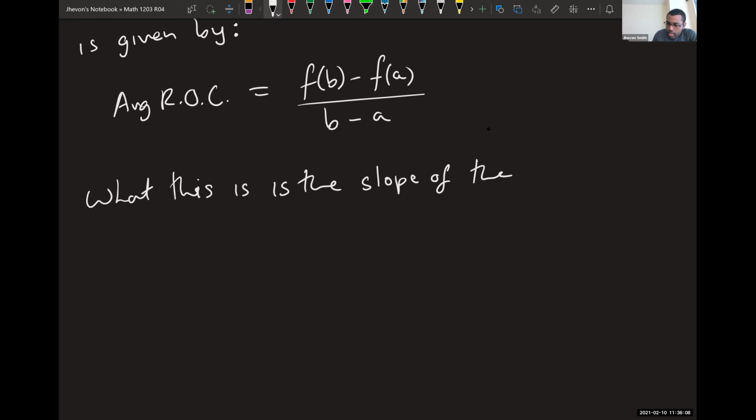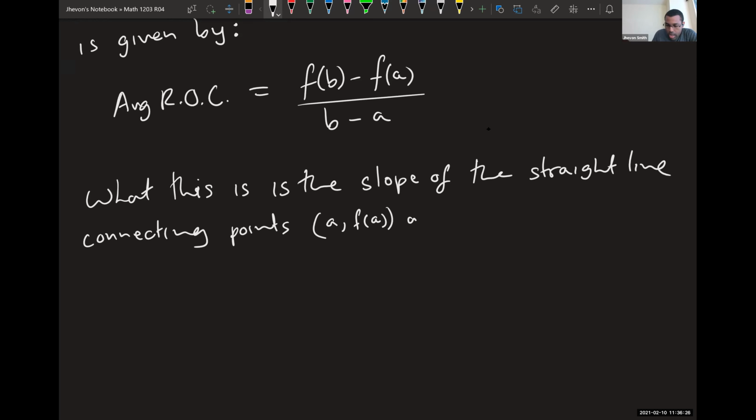Let's call it straight line, to be specific, connecting points A and B. So A, f of A, and B, f of B. Such a line is called a secant line.